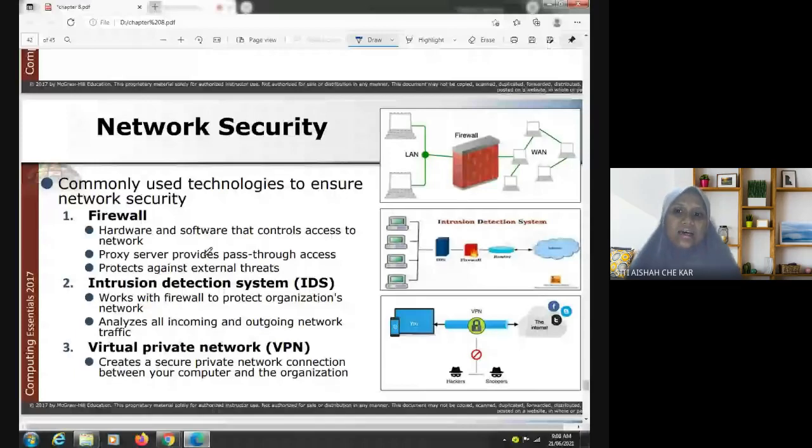So that is confidential data kan. So that's why we need a certain high level of security nowadays. Kan?